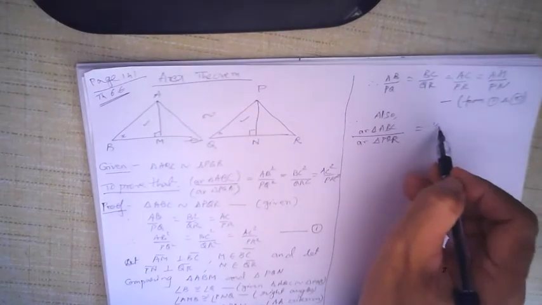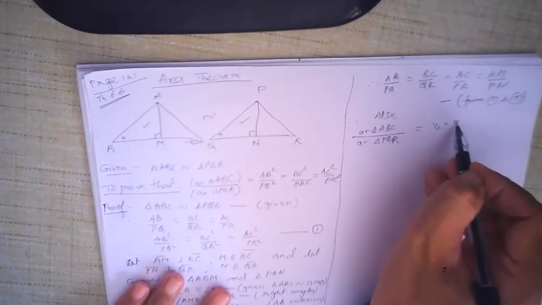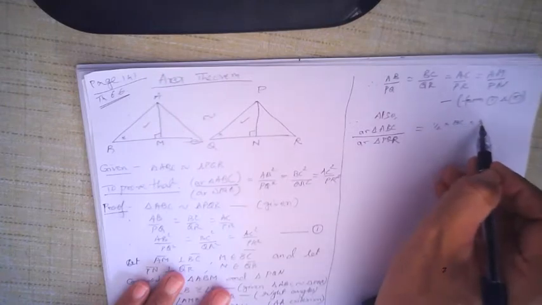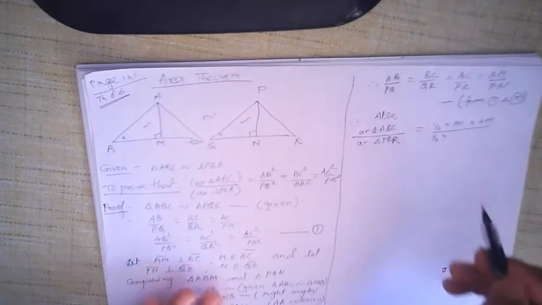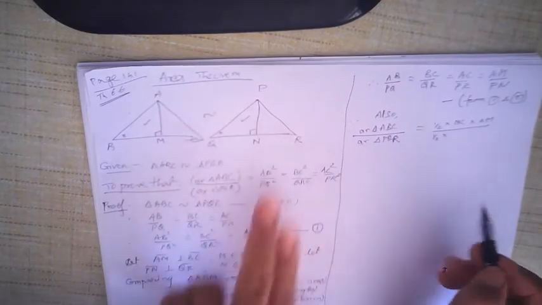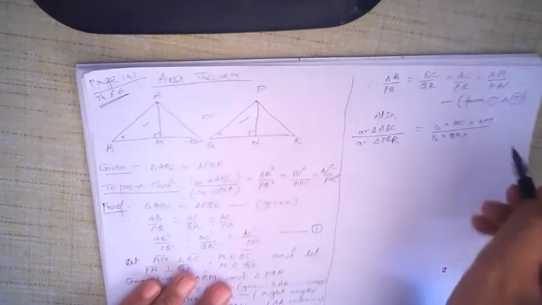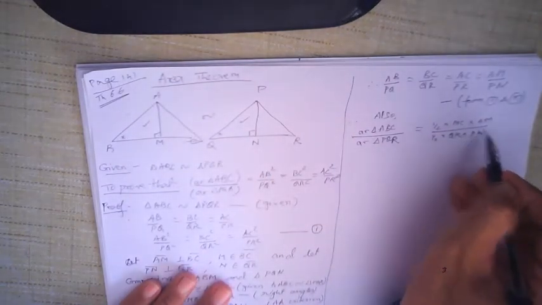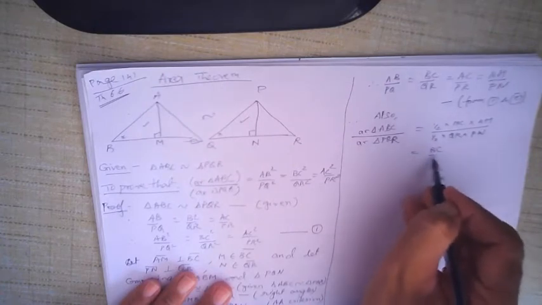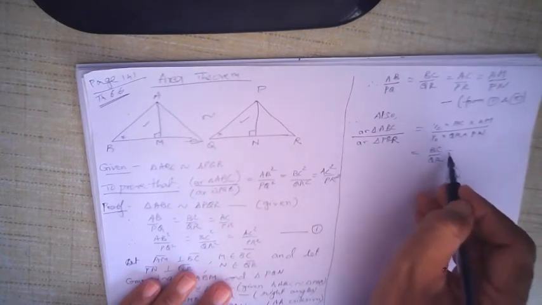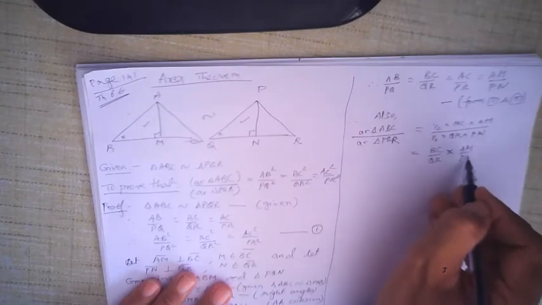Half into base, in this case base is say BC and altitude is AM, upon half into this triangle's base QR into altitude PN. Okay, half will cancel out, so I get BC upon QR into AM upon PN.